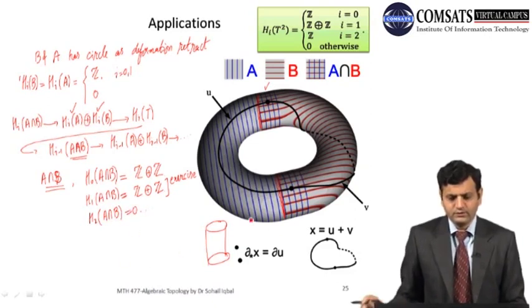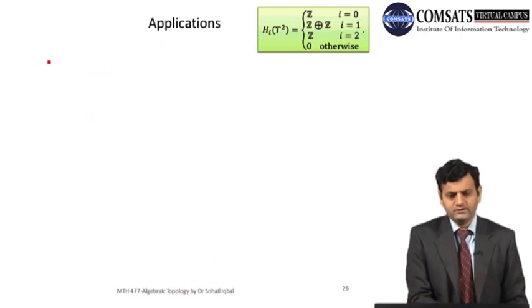Okay, so we know all the homologies except for the homology of the torus. So our next goal is to calculate the homology of the torus using all these homologies and the MV sequence. First concentrate on H_2 of T. H_2 of T can be calculated in the following way.